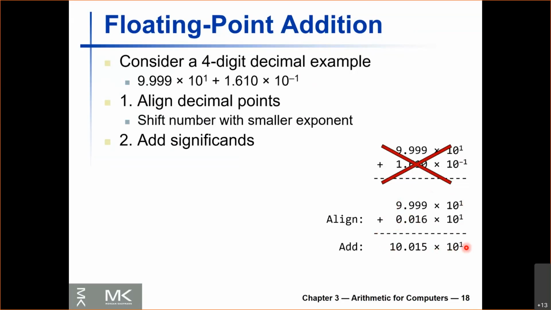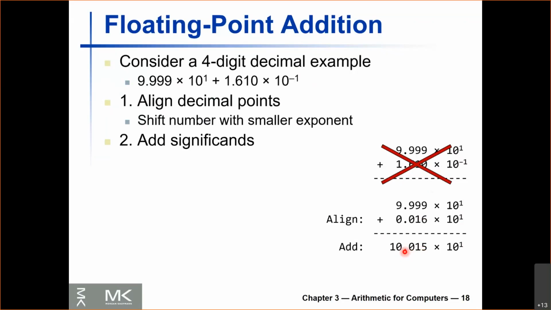Okay, now that I've added the two numbers, my sum is no longer normalized. So what do I want to do? The next step is to normalize this number. How do I normalize it? To normalize it means that I only want to have one digit to the left of the decimal point.